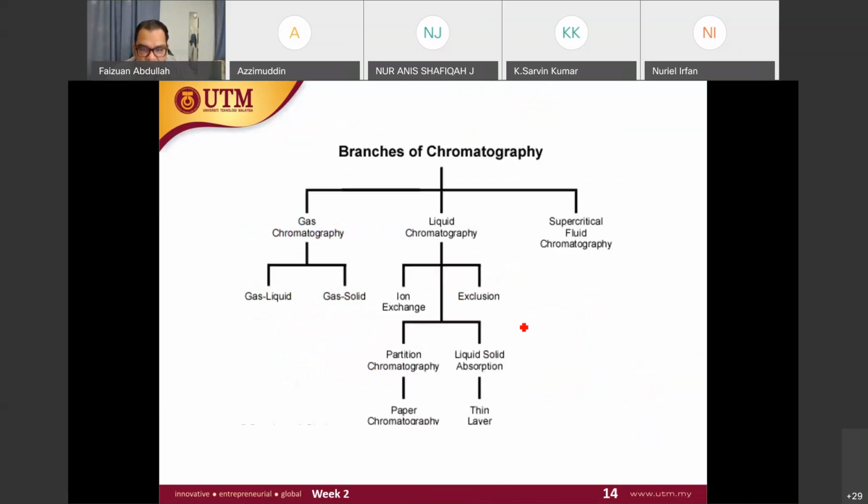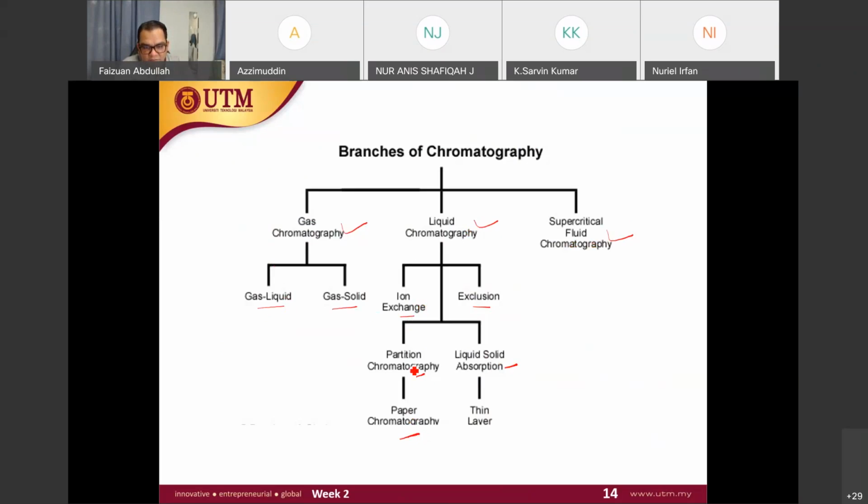So this is the family branch of chromatography. We have gas chromatography, liquid chromatography, and supercritical fluid chromatography. In gas chromatography, we have gas-liquid and gas-solid. In liquid chromatography, we have ion exchange and exclusion. Then we have partition chromatography, liquid-solid adsorption, and paper chromatography.